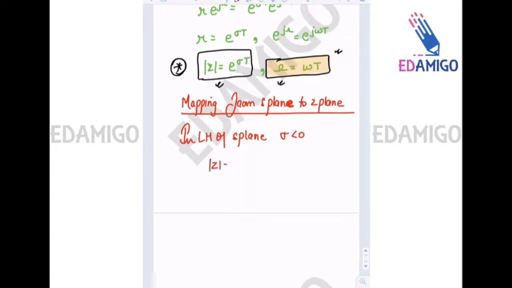So the magnitude e to power sigma T, the magnitude of z, will be less than 1.